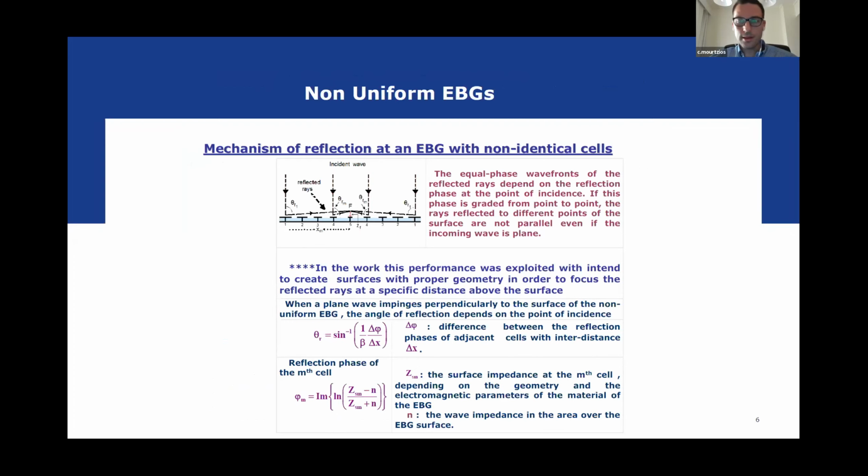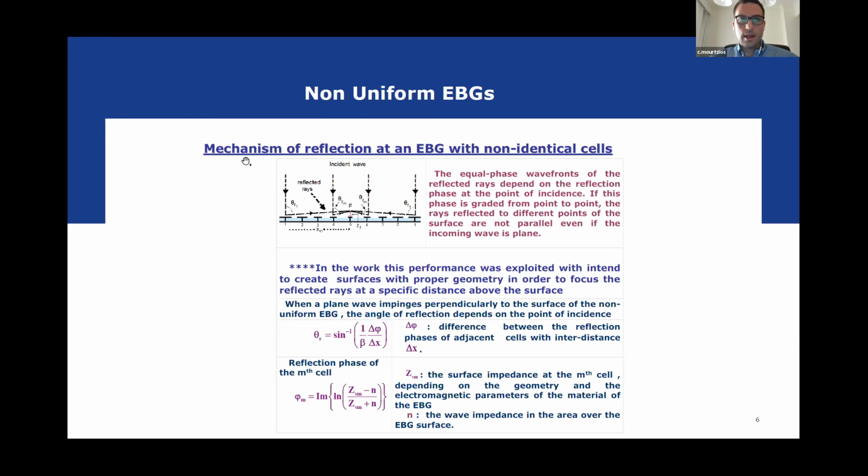The difference from the aforementioned uniform ones is that their patches, as you can see, are not identical and not equispaced. The reason we make this modification is in order to change the reflection phase across their surface. So the reflection phase is point sensitive in these non-uniform EBGs.